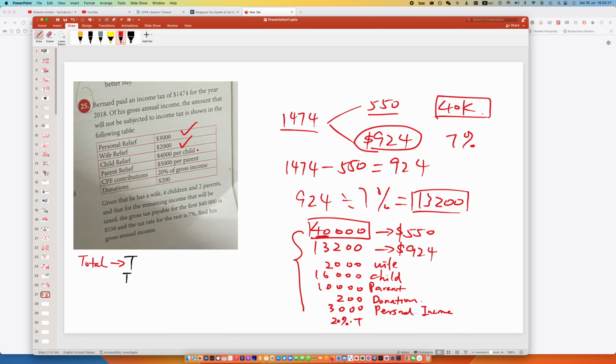Take, so the answer is 4, so it's 16000. Take, this one is times 2, so it's 10k. Take, this one is 20% T. Right? Yeah. And this is take 200. So what you actually get is this.